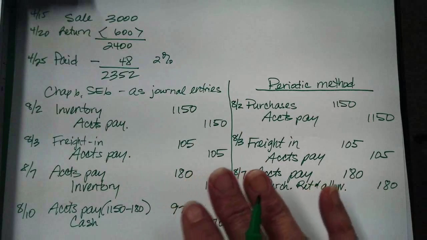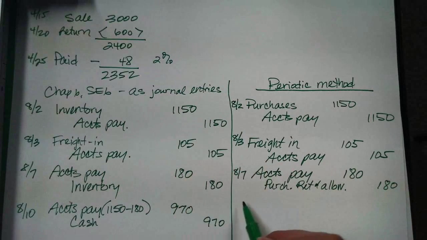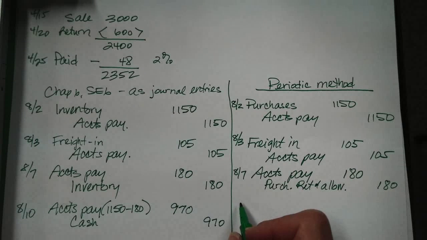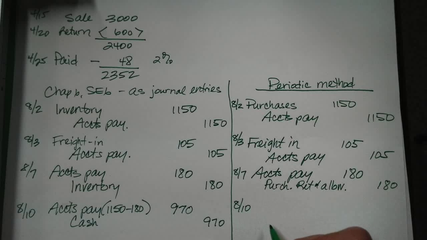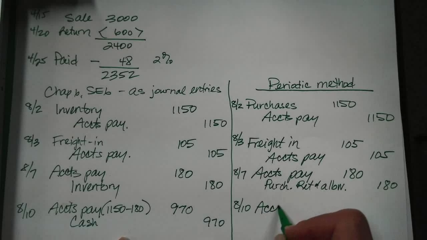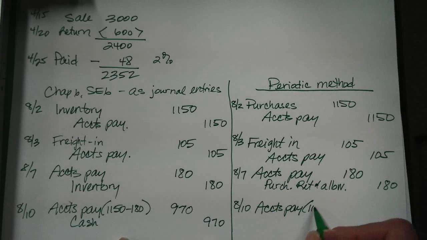Okay? Again, I don't make any entries to inventory until I do a physical inventory. On the 10th, we pay our bill. And guess what? No differences. We still have to pay them what we owe them, which is the total bill minus what we returned.